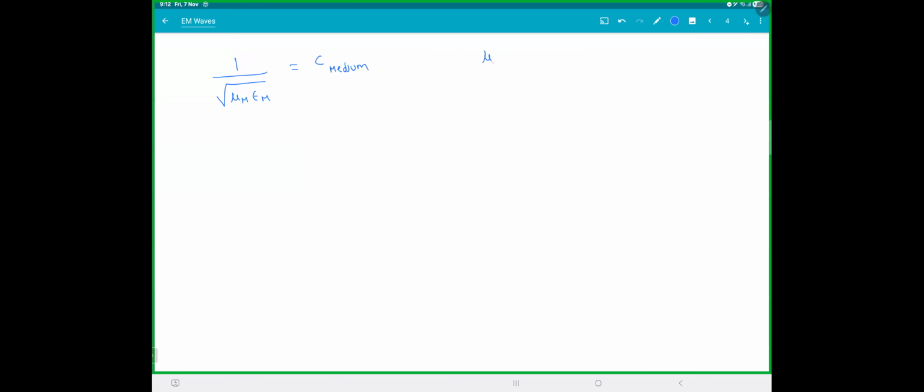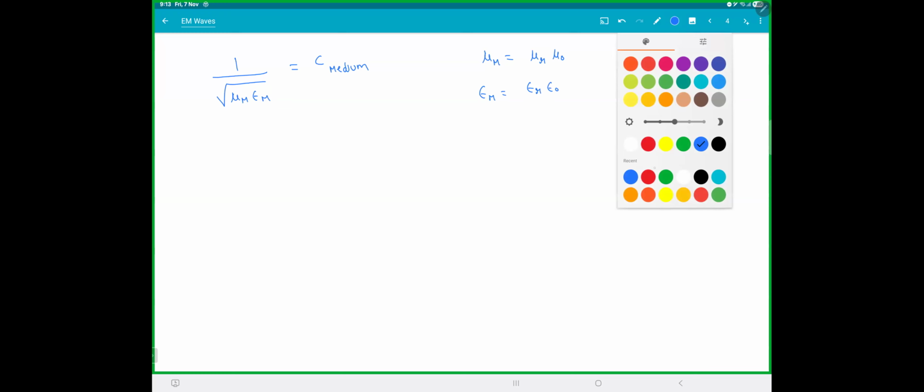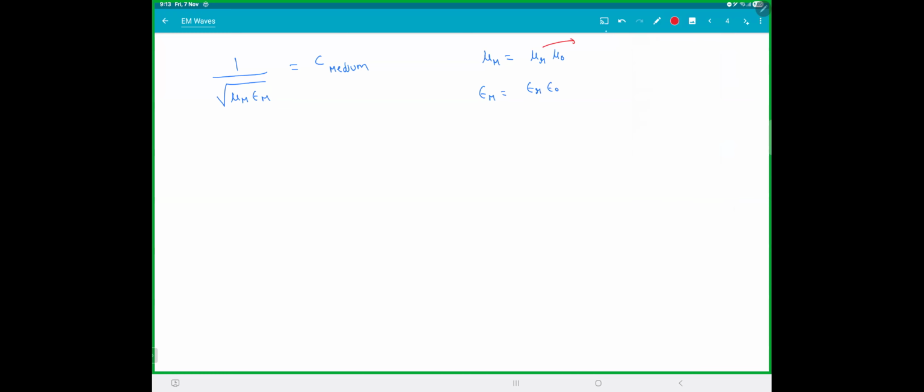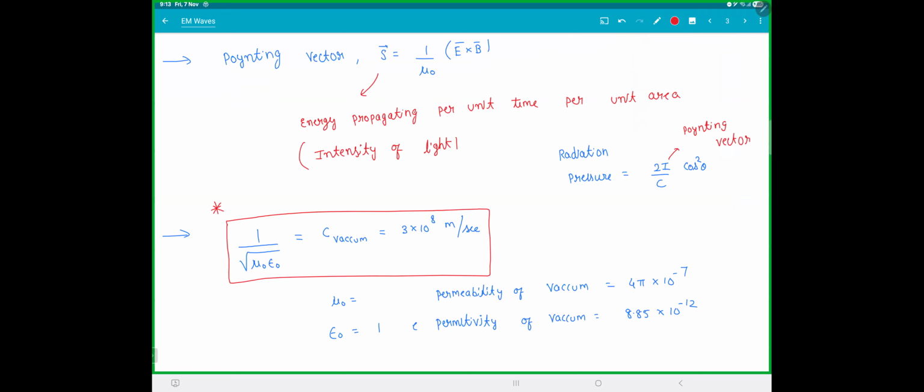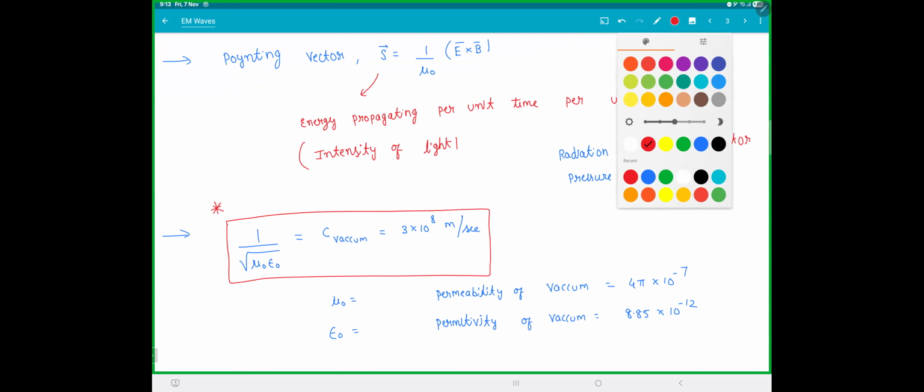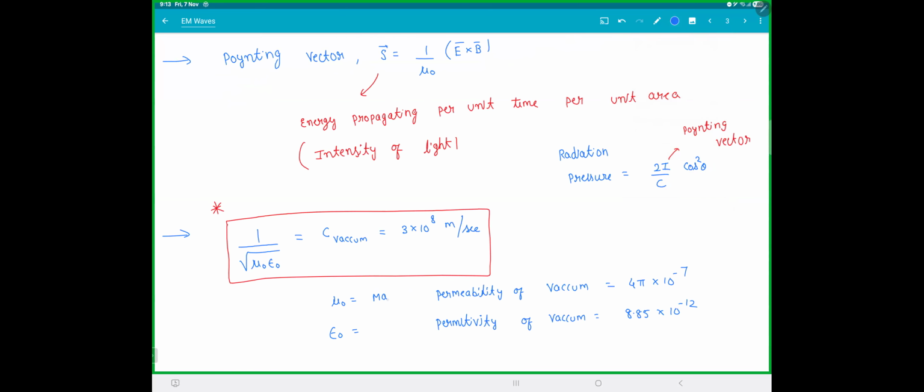And what is mu medium? Mu medium is mu r, mu relative, into mu naught. Epsilon medium is epsilon r into epsilon naught. This is magnetic permeability. This is electric permittivity.